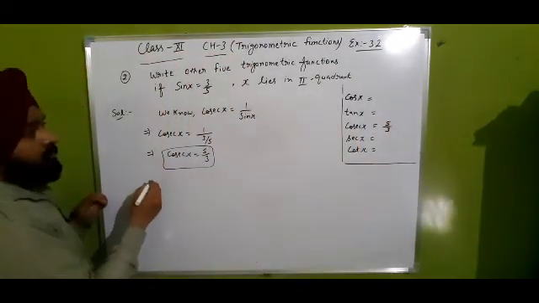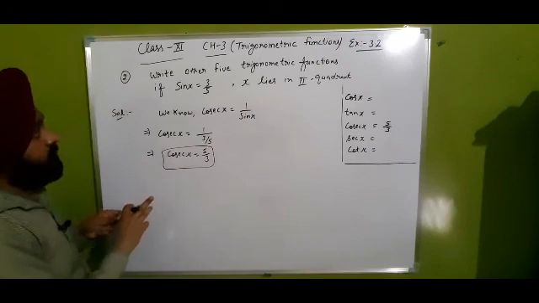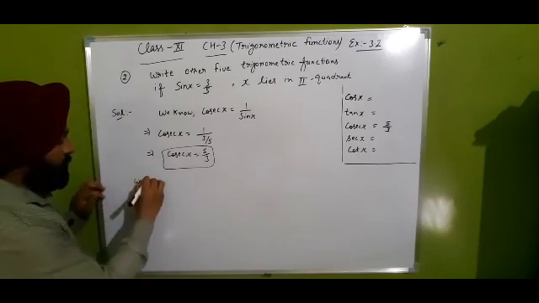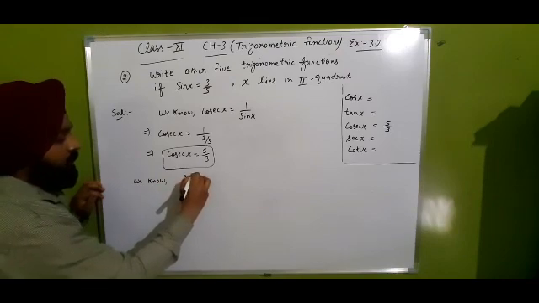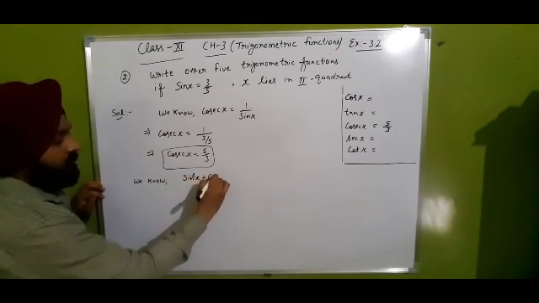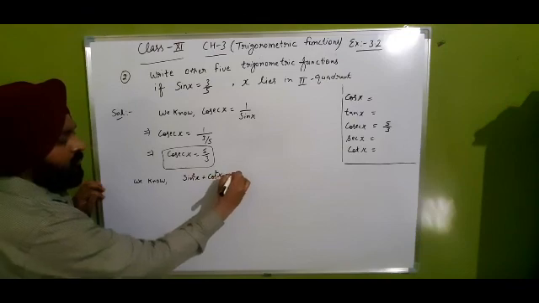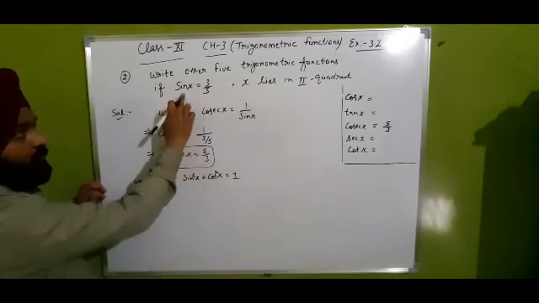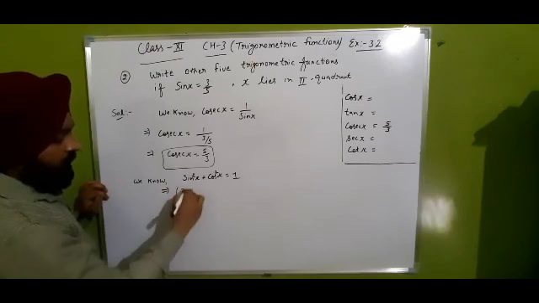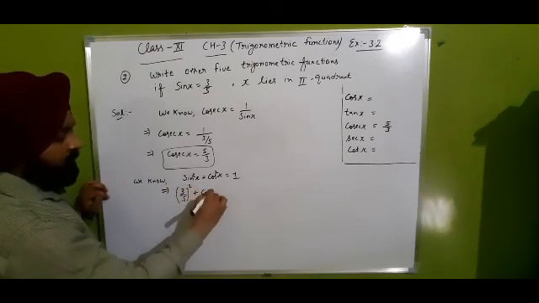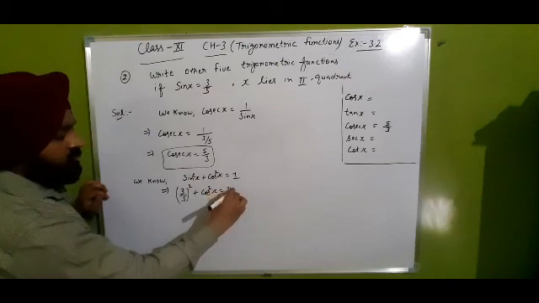Now for the second, we know the identity sin square x plus cos square x always equals 1. Put the value of sin x there. It implies 3 upon 5 whole square plus cos square x equals 1.